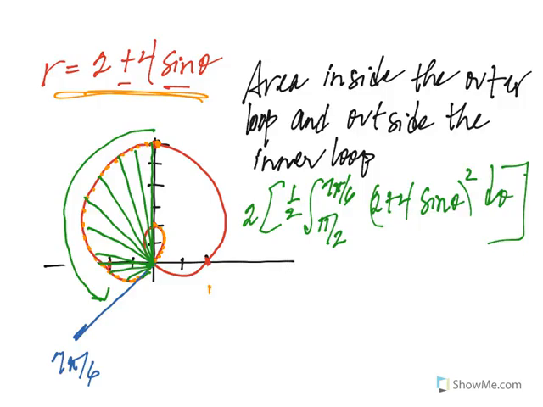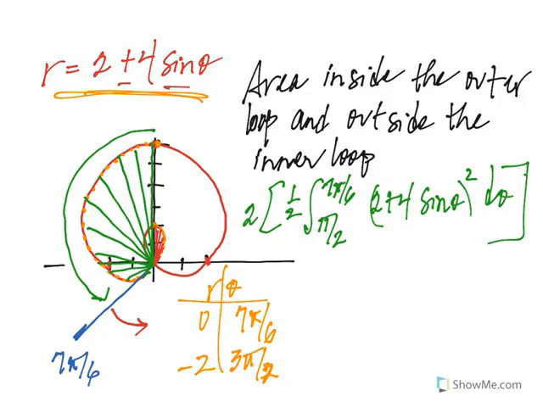Now, according to my r theta table, I know that when I plug in 7 pi over 6, I'm at 0, and I also know that when I'm at 3 pi over 2, I'm at -2. That means if I progress from 7 pi over 6 to 3 pi over 2, I'm going to be getting the pie slices that fill in the right-hand side of my inner loop.